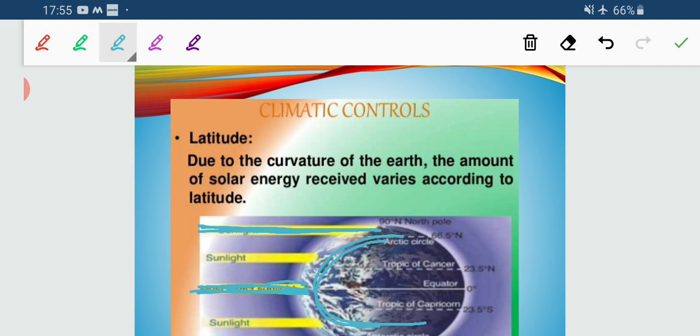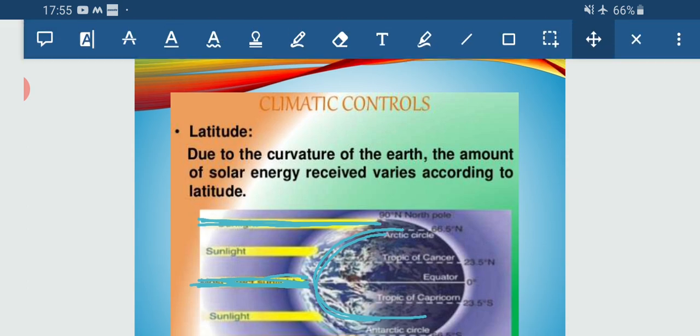Near the poles, the nights are longer and days are shorter. Near the equator, both are equal. So for places moving away from the equator, the variation between day and night duration increases. This is the latitudinal factor.